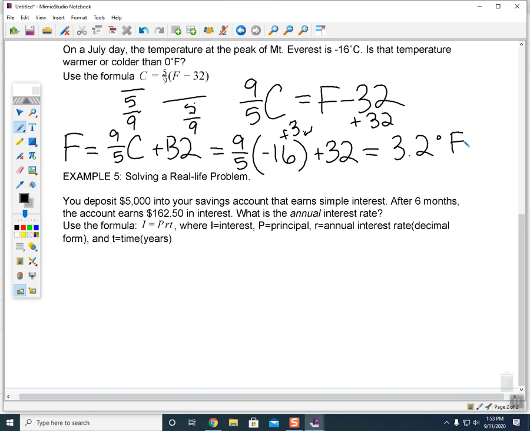If it was colder than 0 degrees Fahrenheit, would it be a positive or negative number? Negative. It would be a negative number. Is 3 1/5 a positive or negative number? It's a positive number. Is it warmer or colder than 0 degrees Fahrenheit? Warmer. It's warmer.